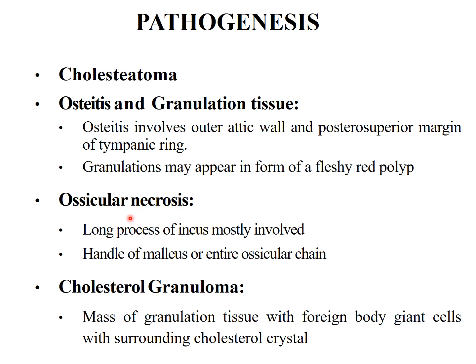Destruction may be limited only to the long process of incus, which is the first ossicle to be involved, but as the mass expands, it destroys or involves the handle of malleus and even the entire ossicular chain, and the cholesteatoma gets in place of these ossicles and helps to conduct the sound from the tympanic membrane to the stapes footplate and to the inner ear. So these are the cholesteatoma hearers. We will again discuss this in the symptoms.